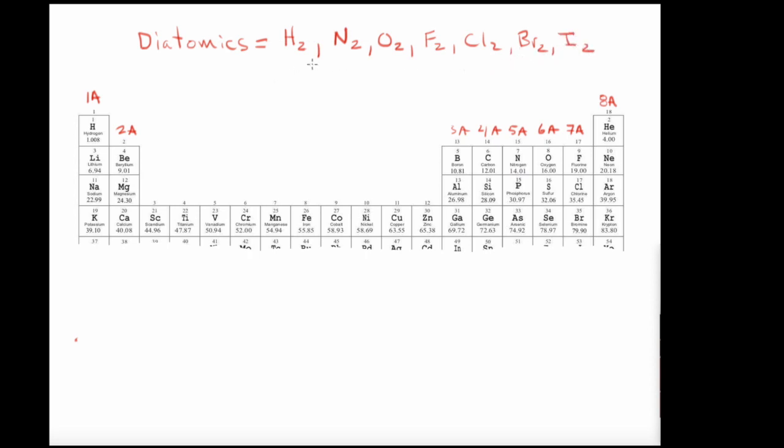So make sure that you understand that if you're going to write a chemical equation and it has one of these elements in that equation, when you write that element in its natural form, it has to be as a diatomic. Period, forever and a day, forever and ever and ever. This is absolutely crucial that you understand this.